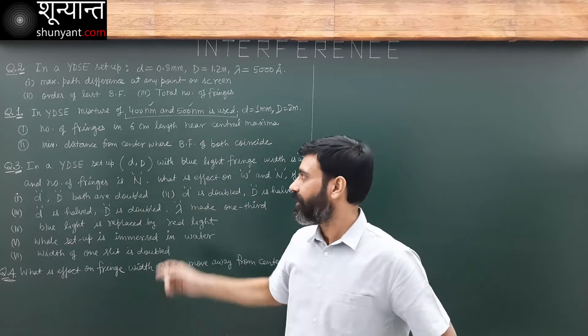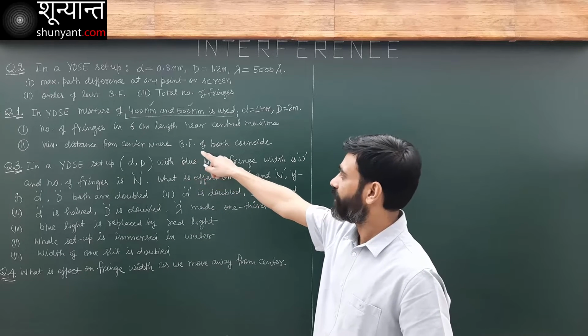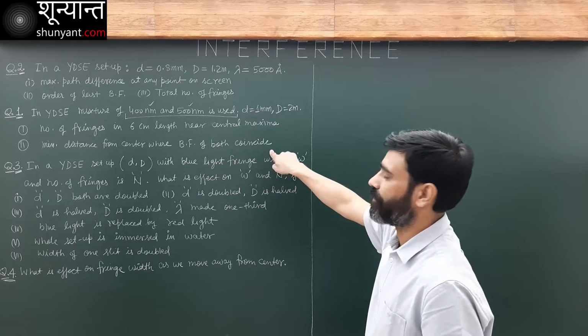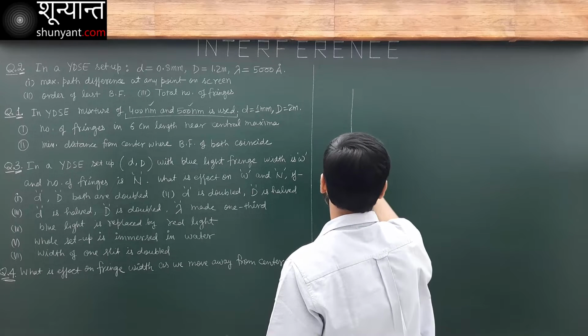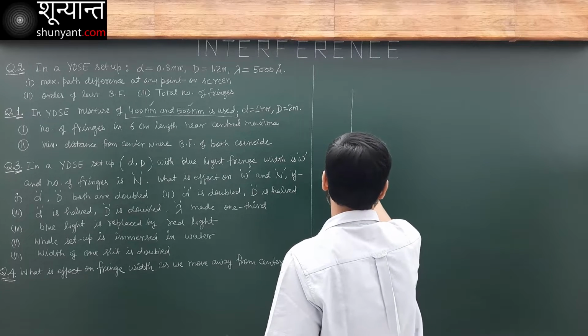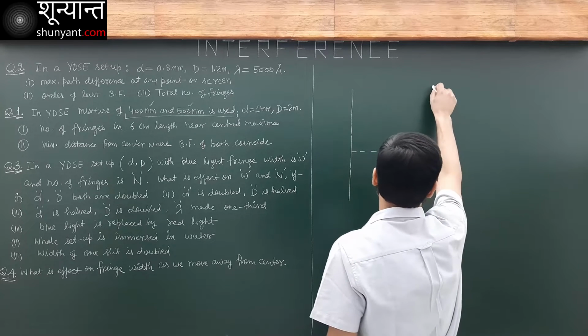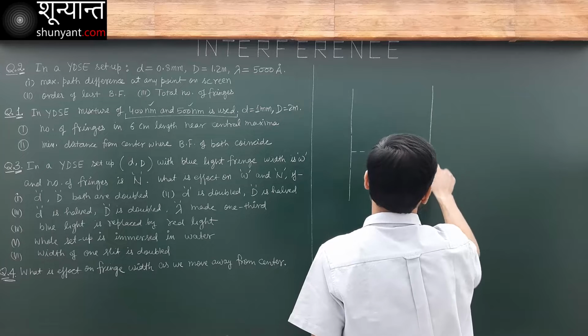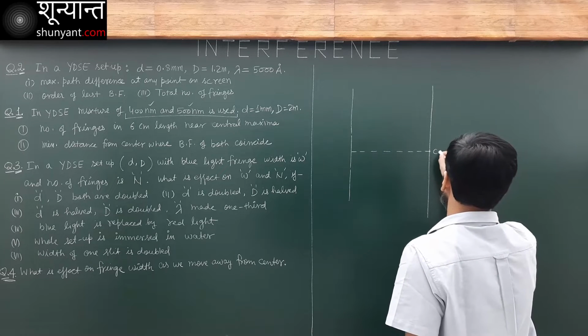Now, the second problem: minimum distance from center where bright fringes of both coincide. Let's say I have this pattern here. This is the central position, the central bright fringe.